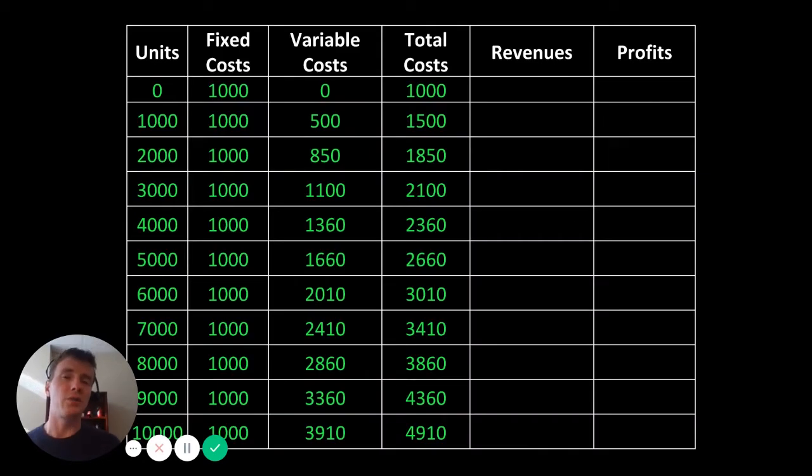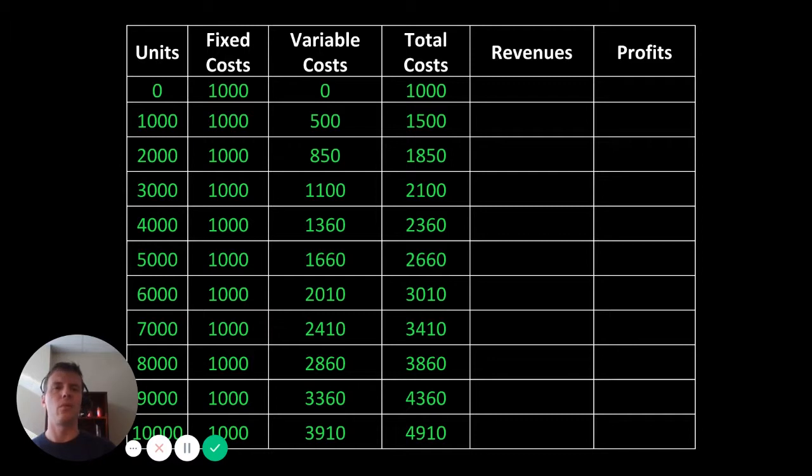So now we're actually in a position to calculate revenues and profits. The columns that went away here for now are the average cost and the marginal cost. But we keep the units of production, fixed cost, variable cost and total cost in the second through fourth columns here. What we want to do now is fill in these other columns, revenues and profits.